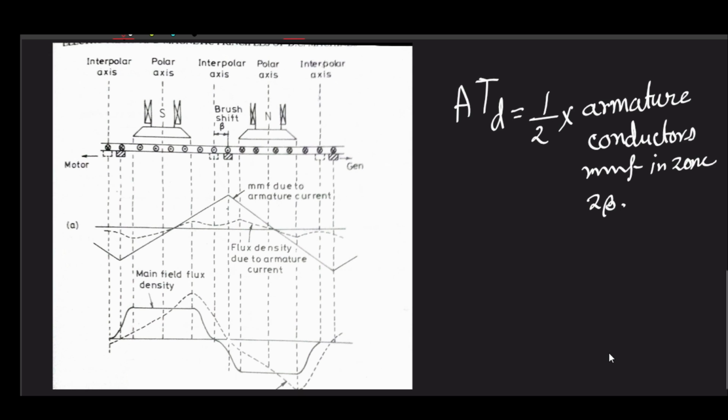Just let me show you another picture, then you will be able to understand.